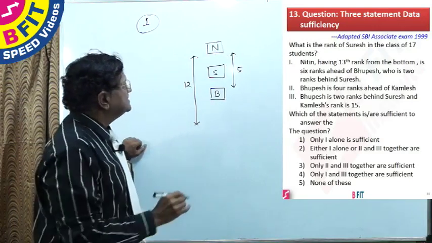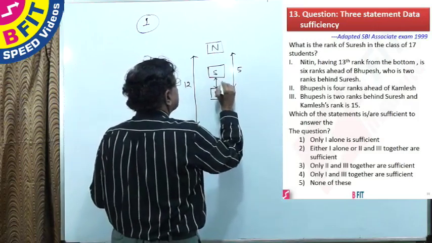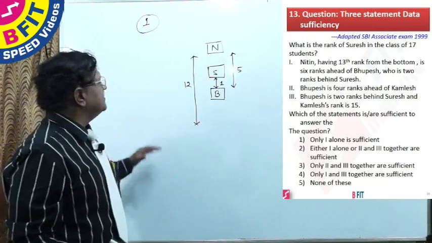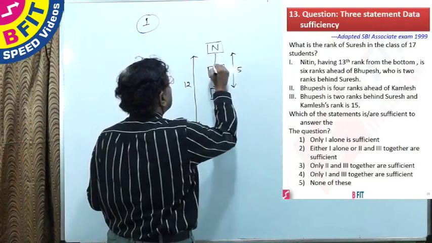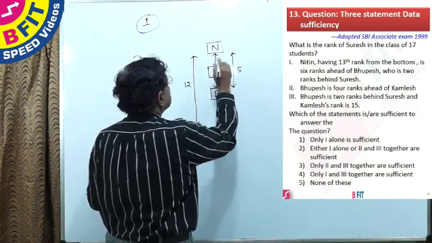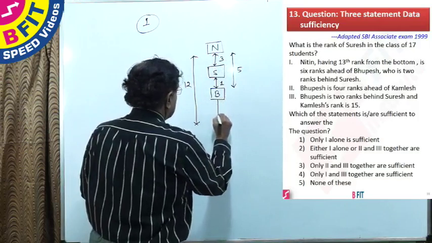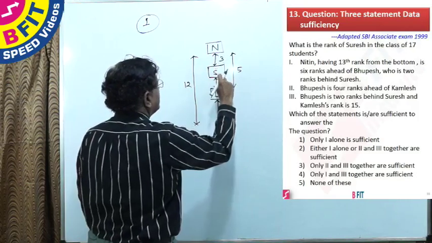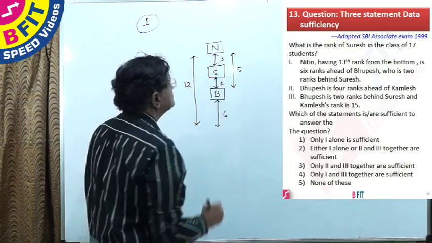Who is 2 ranks behind Suresh? Bhupesh is 2 ranks behind Suresh, which means there is 1 person between them. Then we can draw this picture. How many persons are there between N and S? 1 plus 1, 2. Here it is 3. So how many persons must be here? 3 plus 1, 4 plus 1, 5 plus 1, 6. 12 minus 6 is 6.